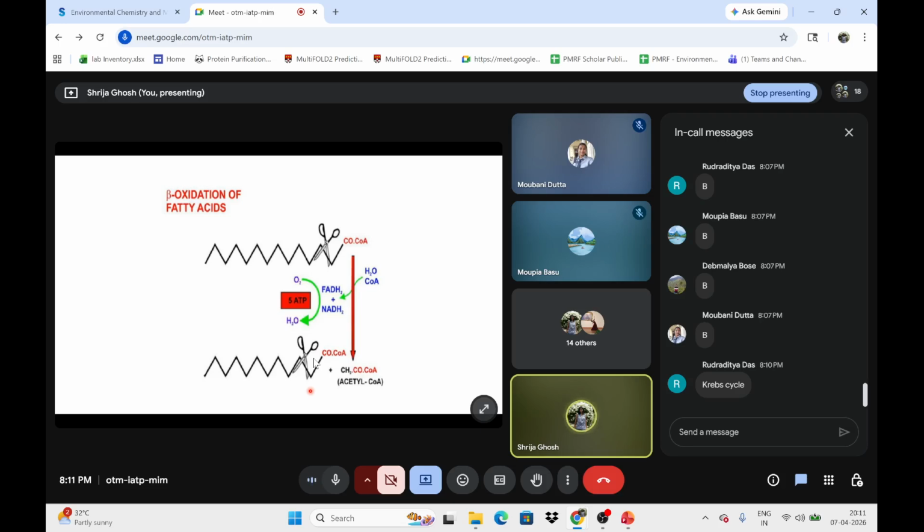There we only studied glycolysis and then the TCA cycle. Glycolysis was from the carbohydrate source. Basically carbohydrates will be broken down into sugar, which will ultimately lead to glucose formation, and glucose will be converted into pyruvate, which can form acetyl coenzyme A that can enter the TCA cycle. But apart from carbohydrate, we eat other things also, right? We eat protein, we eat fats.